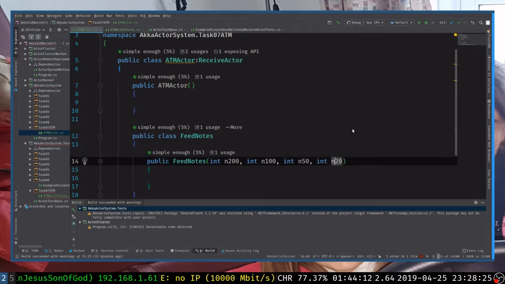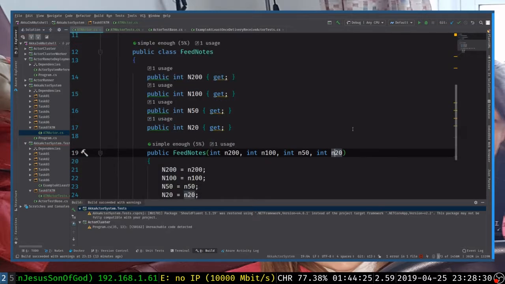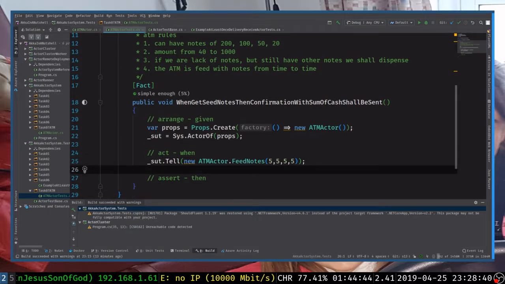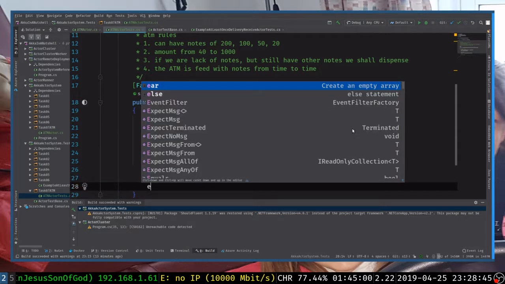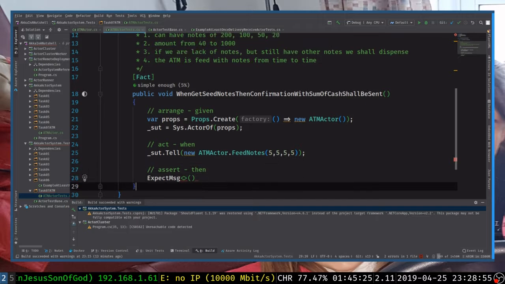Right, so let's do this with just 5, 5, 5, 5. Then in this particular case we should expect the message ATM actor cash balance.